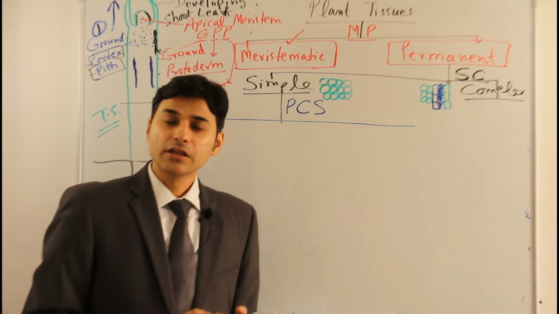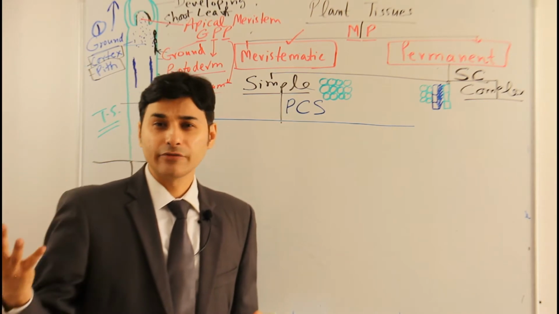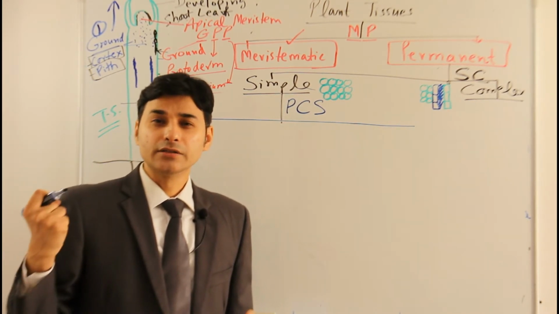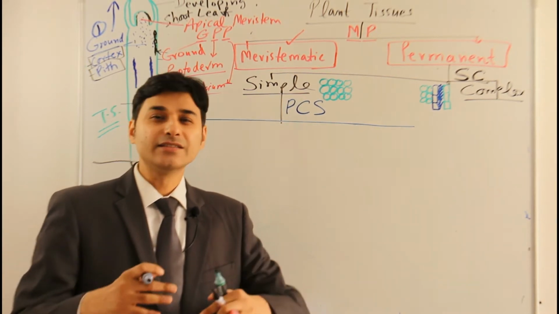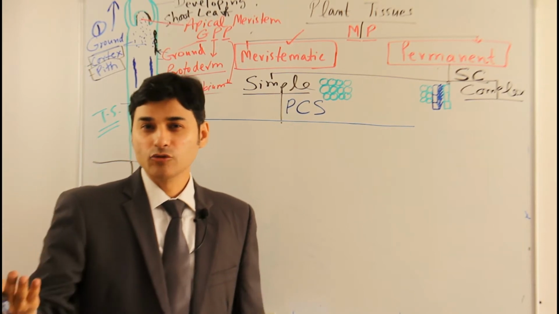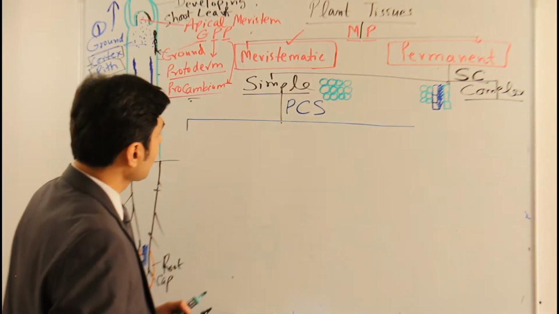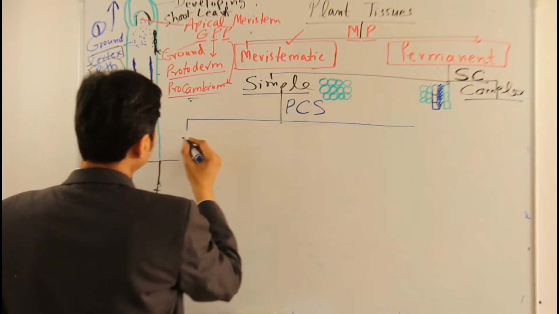In biology, there is a lot of information and many names which you have to remember. So what we do, we try to make it easy, simple and related, so it will be easy to understand and also to remember. So simple, three types: PCS.